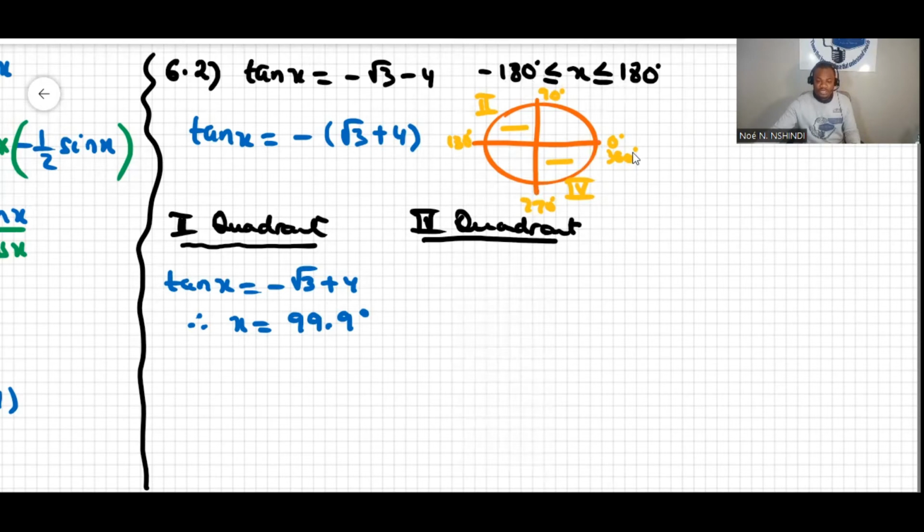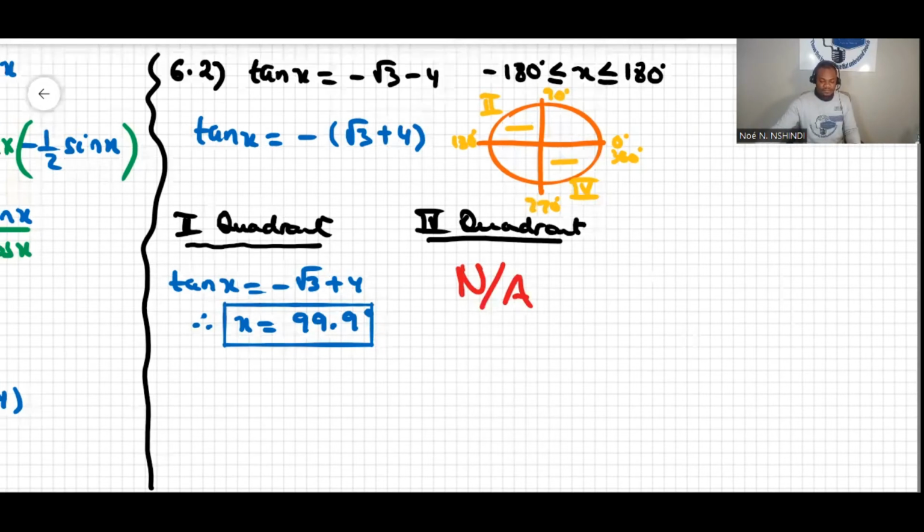So this is beyond the interval, and here it is not applicable. So the only value of x within the given interval is 99.9 degrees.